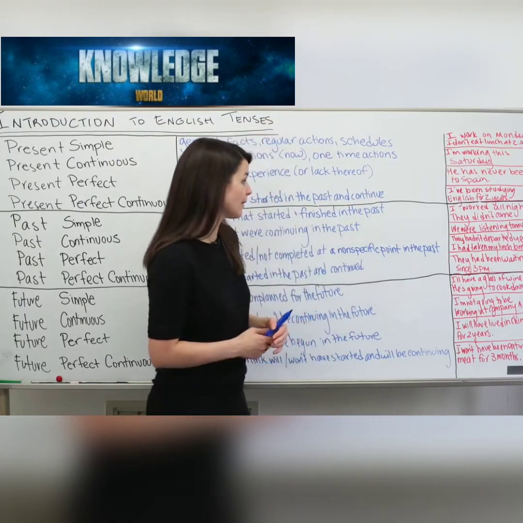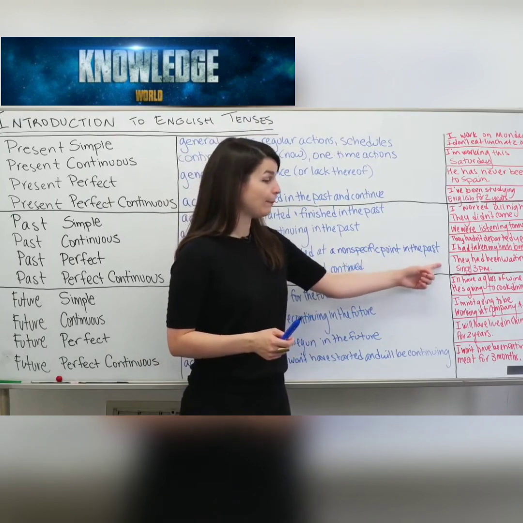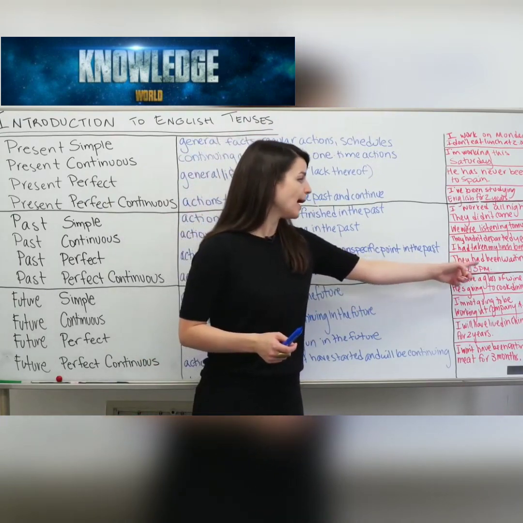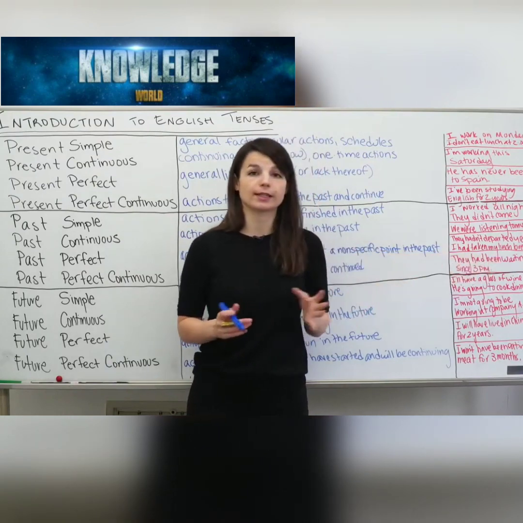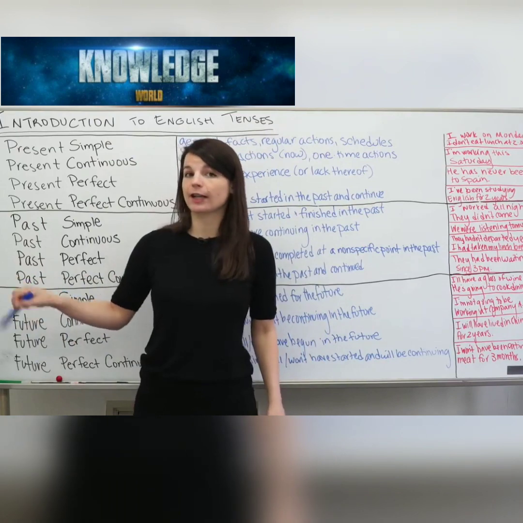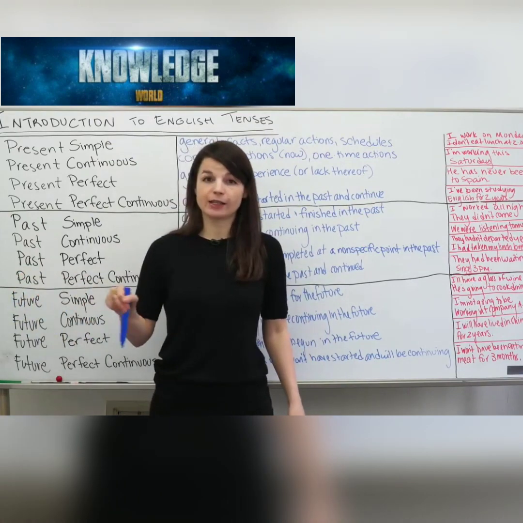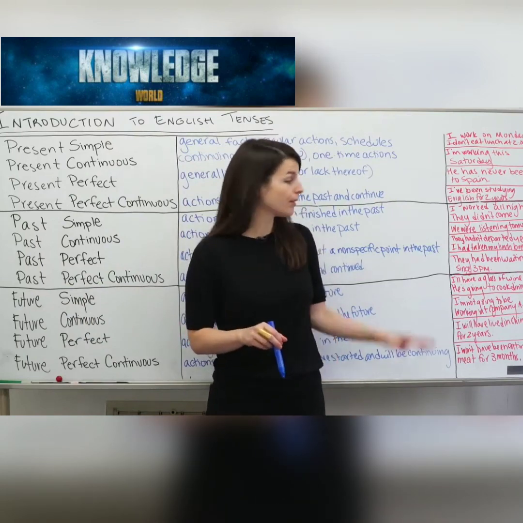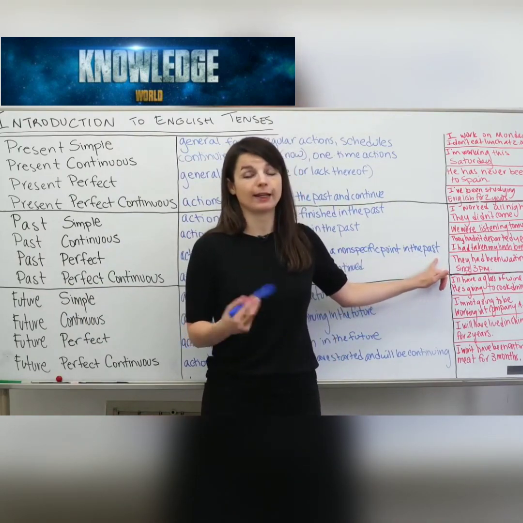So let's look at an example. They had been waiting since 3 p.m. So here, they had been waiting. This shows us that there was some waiting period. So the waiting started at 3 p.m. and the waiting continued and continued and continued. We don't know when the waiting finished, but this grammar point shows us that the waiting has finished.